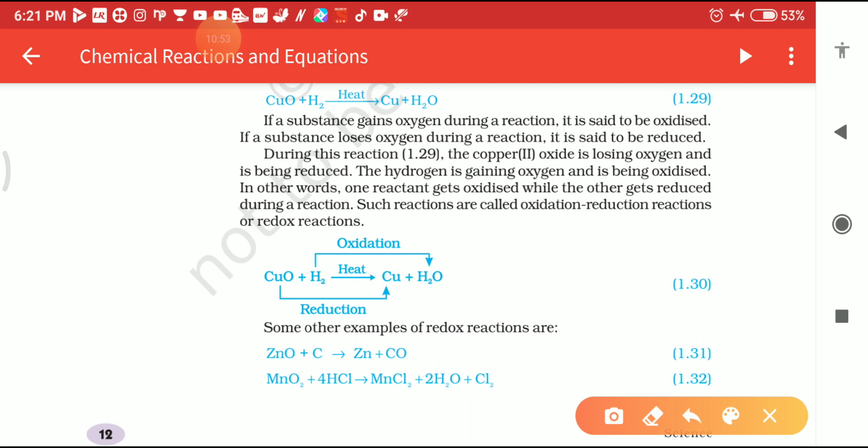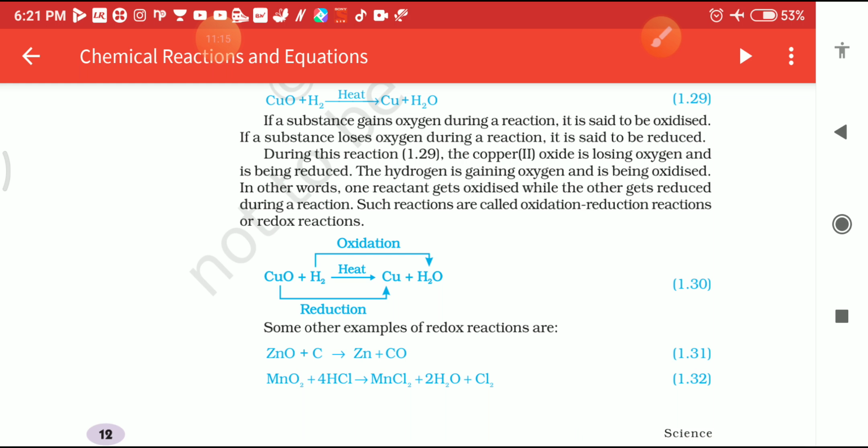If a substance gains oxygen, I told you it's oxidized. If the substance loses oxygen, then it is said to be reduced. During this reaction 1.29, the copper(II) oxide is losing oxygen and is being reduced. The hydrogen is gaining oxygen and is being oxidized.